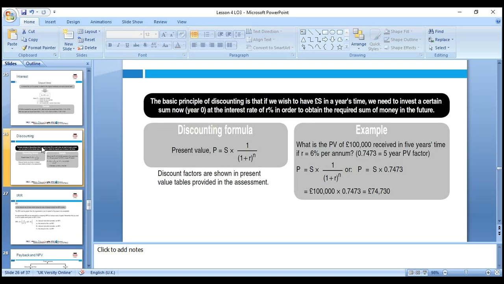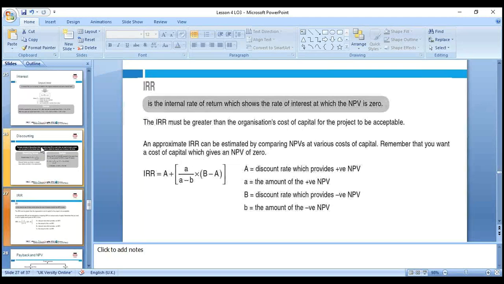If R is 6% and n is the number of years, which is 5, then it is 1 plus 0.06 to the power of n, which is 5, then you take 1 divided by that, multiply, and we can calculate the present value.